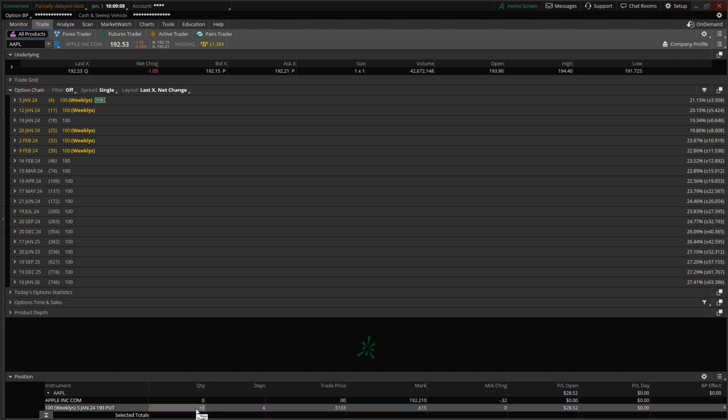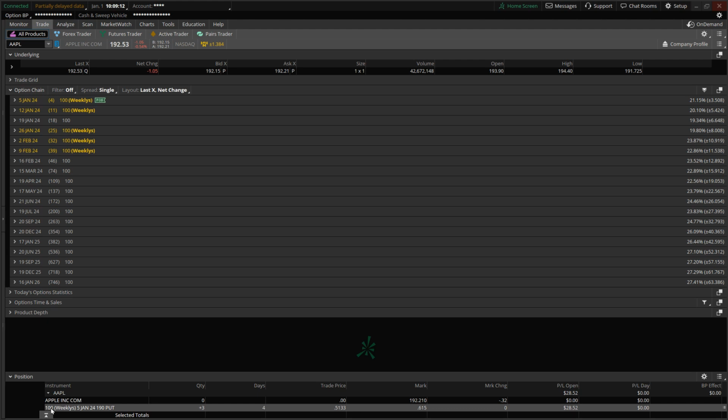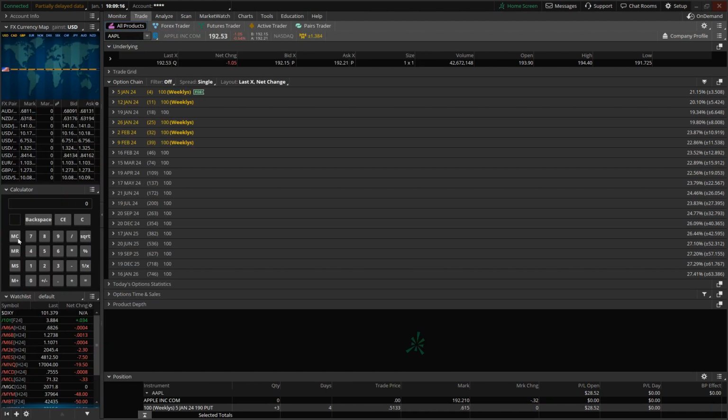Now, each option contract is equal to holding 100 shares of the underlying security, and that's what this 100 is pertaining to. So just to break out the calculator here, the premium on my contracts is 51.33 times 100, because each option contract is equal to holding 100 shares. One option contract is actually valued at $51.33.